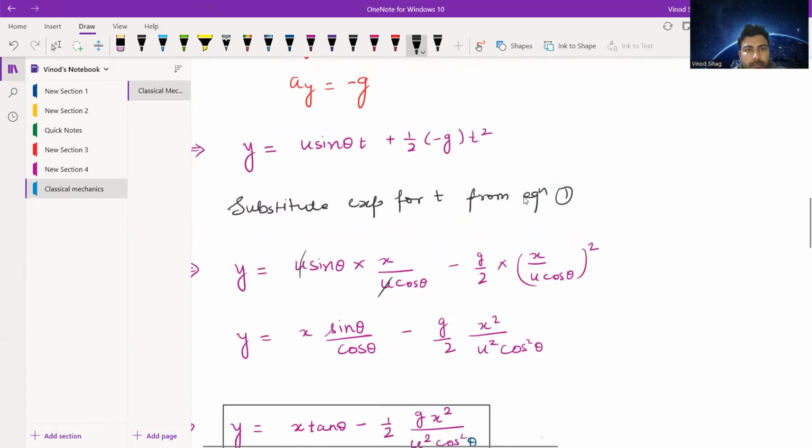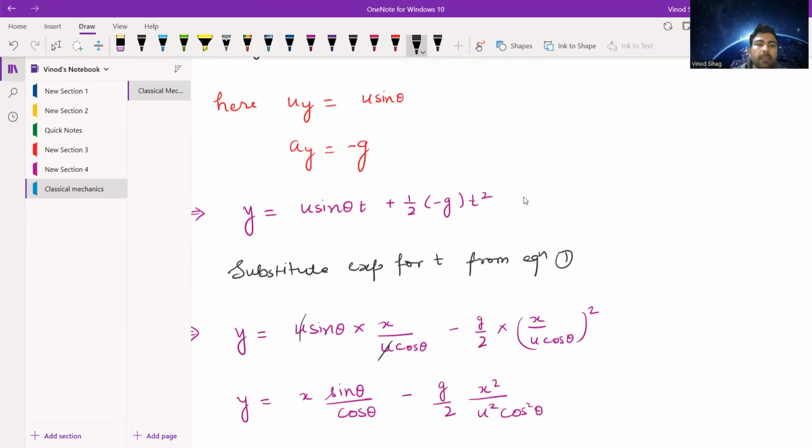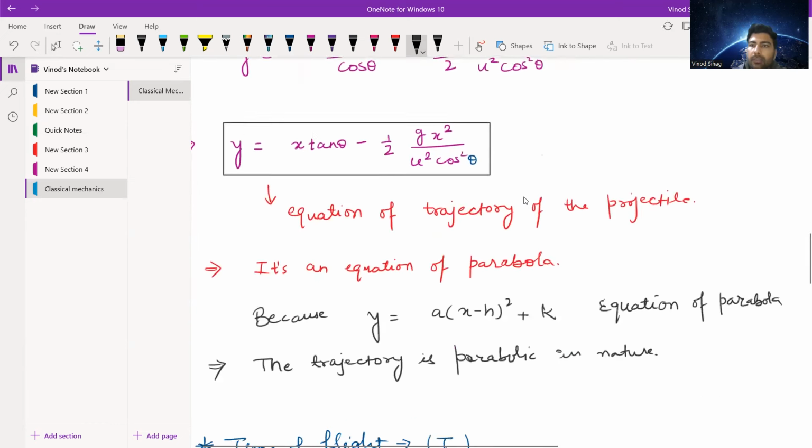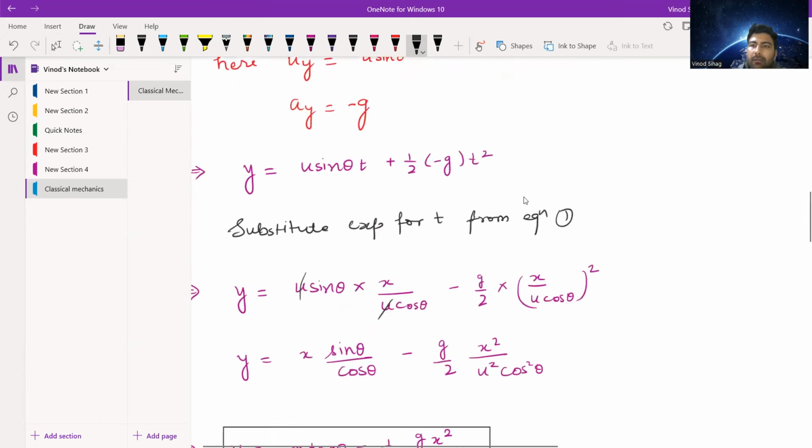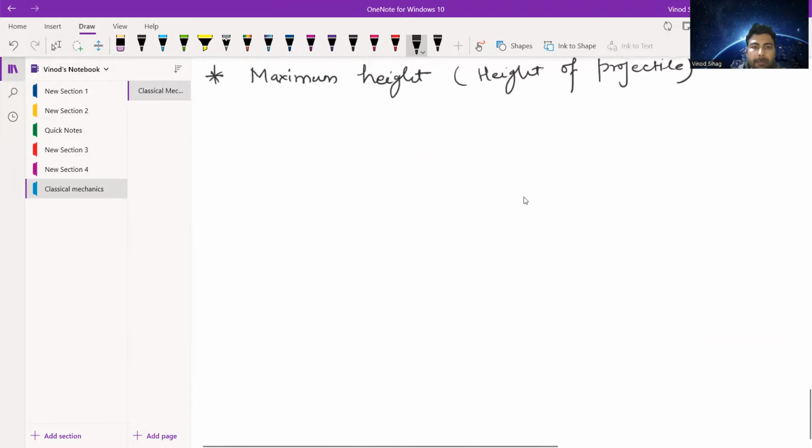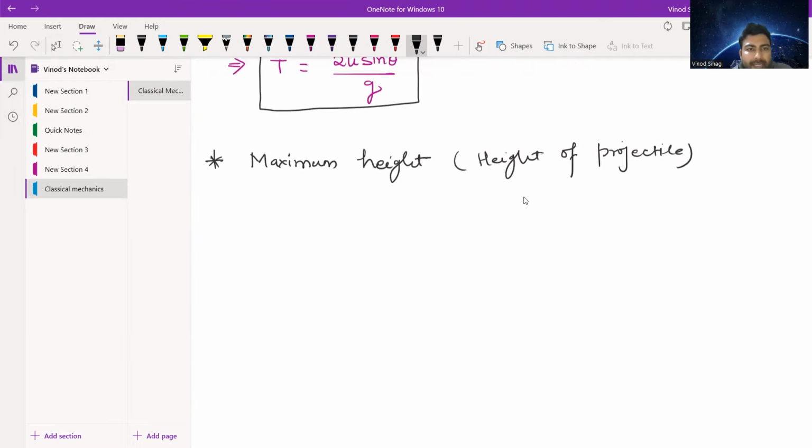We are going to use this equation: y equals u sine theta into t minus half g t square. We will put the time here and then determine the maximum height. So we are going to use that equation again.